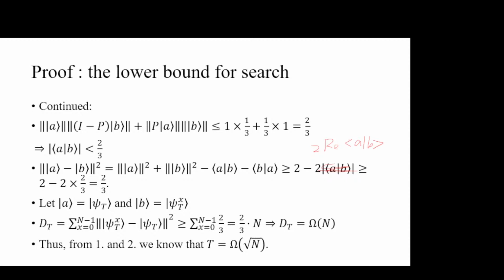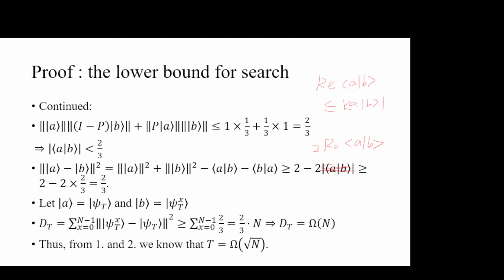I think it's easy to see that... okay, so I guess this is technically not wrong, but I need one more step. Sorry for the confusion. For any complex number, the real part should be less than or equal to its absolute value, right?